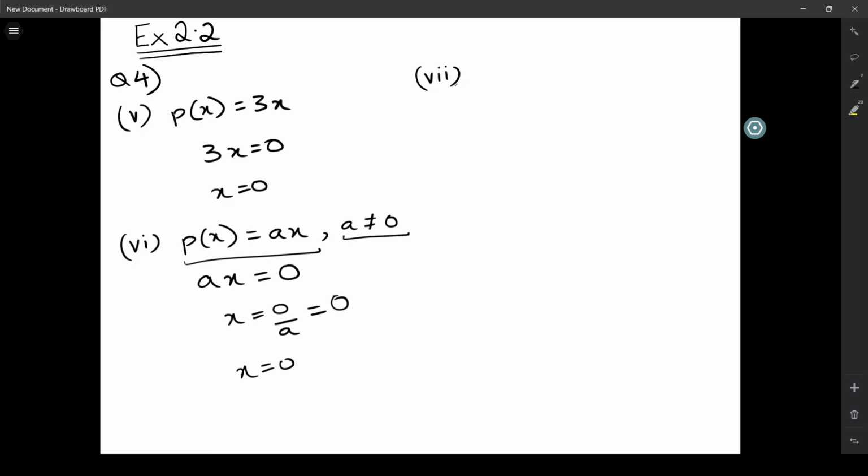Moving to the seventh part. Here, p of x is equal to cx plus d, and they've mentioned that c is not equal to 0 and c and d are real numbers.